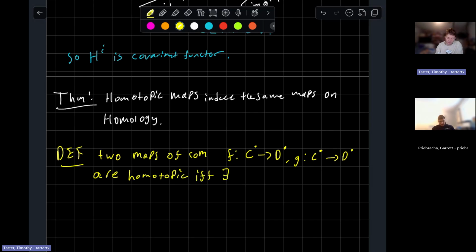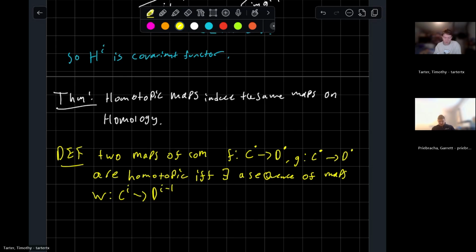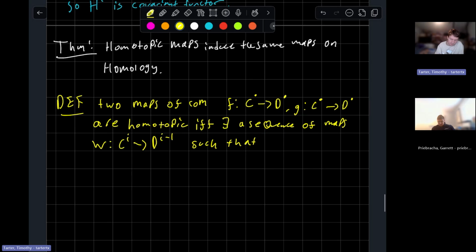if and only if there exists a sequence of maps W from CI to DI minus 1 such that F minus G is equal to DW plus WD.